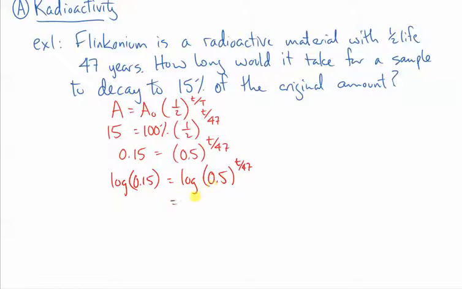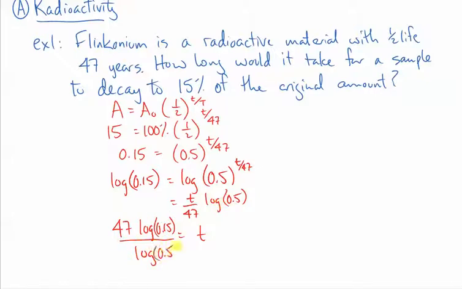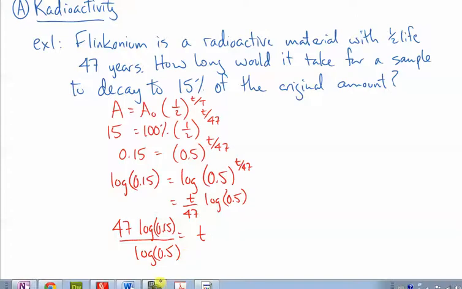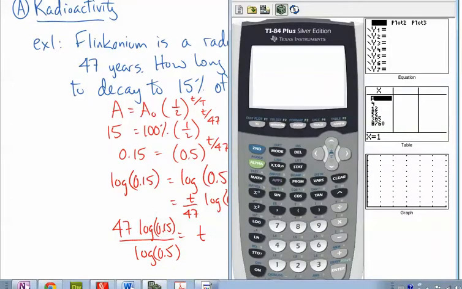Over on the right side, I'm going to use the power rule to bring the exponent out as a coefficient. I want to isolate t, so let's leave t on the left by bringing 47 to the right, and we'll divide by log 0.5. So we're going to turn our calculator on, and let's see what that answer gives us.